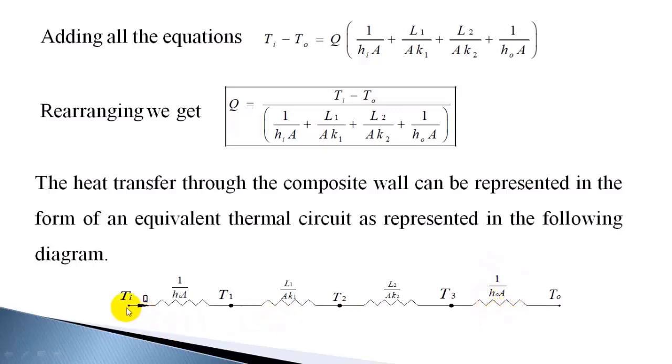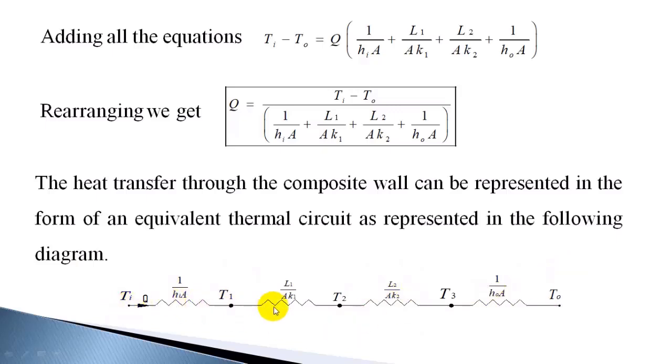You can find the heat transfer directly if you take two points: Ti minus T0 divided by all the resistances in between. You have to add all four resistances and divide by that, Ti minus T0 divided by the addition of all these resistances.